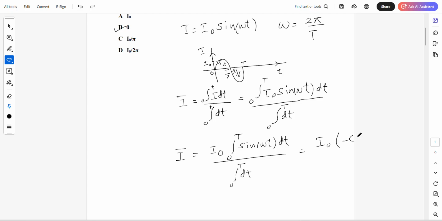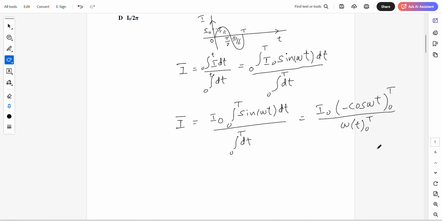It is minus cos of omega t, from 0 to T, divided by omega, because the coefficient of t is omega. The integration of dt is just t, from 0 to T. If I apply the limits, it will be T.